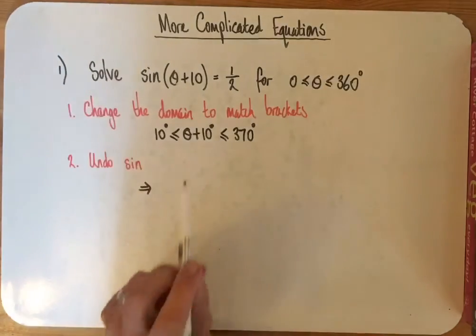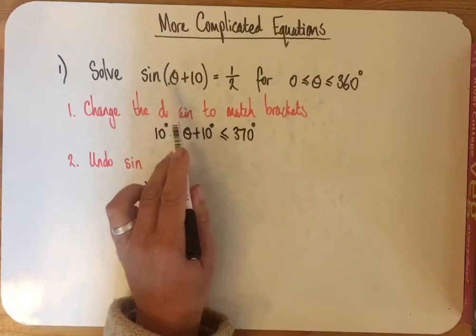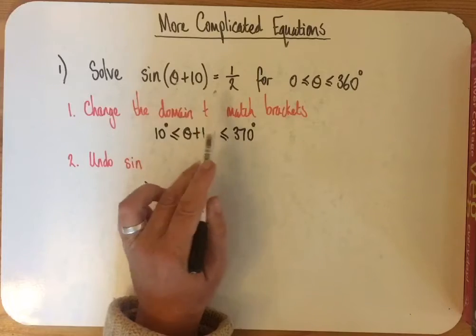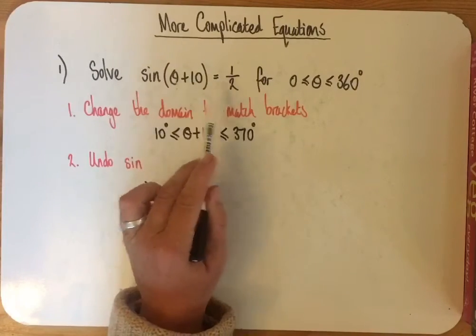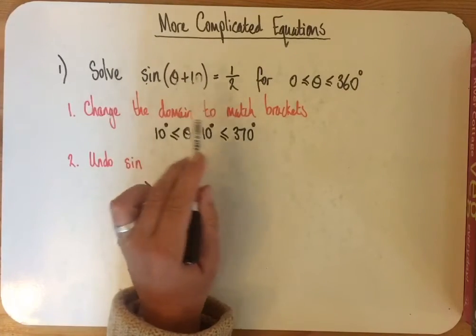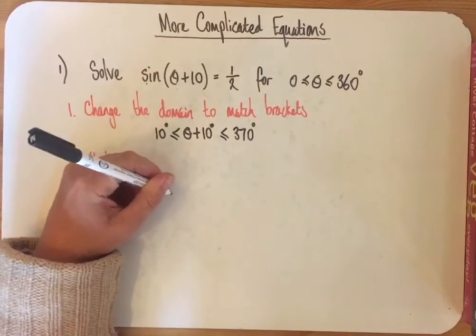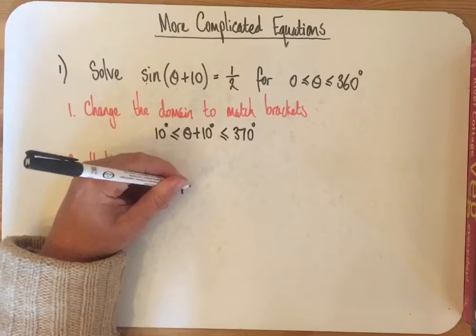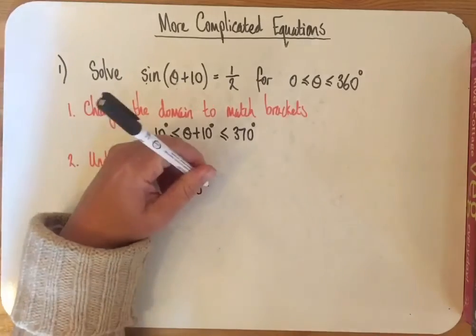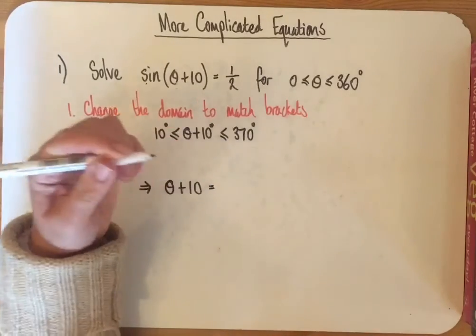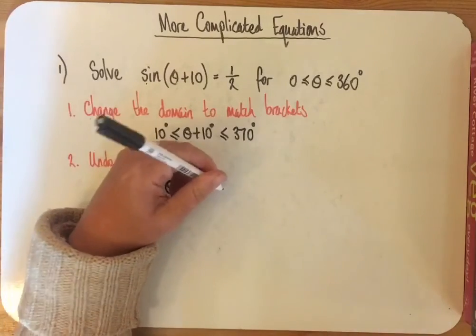But it's not theta that equals 30, it's theta plus 10 equals 30. So you've basically done inverse sine of both sides of this equation, which leaves you with theta plus 10 is equal to inverse sine of a half, which is 30.